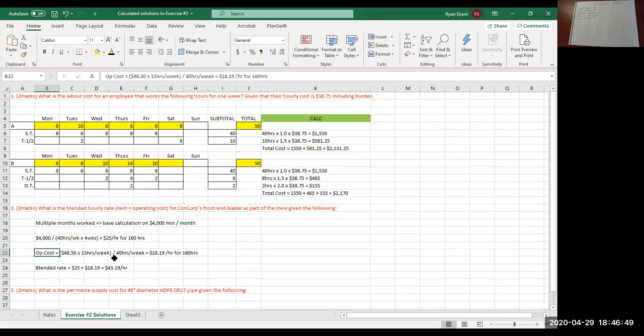That's where we get the prorated operating cost for the loader. That calculation turns out to $18 and change. So simply adding those two together, the 25 and the 18.19, gives you this $43.19 per hour blended rate for the loader.